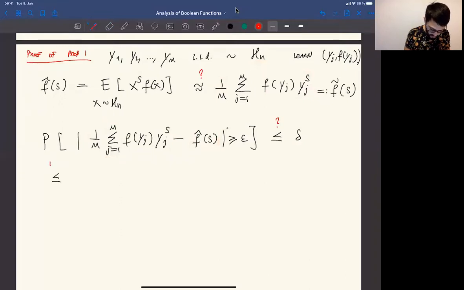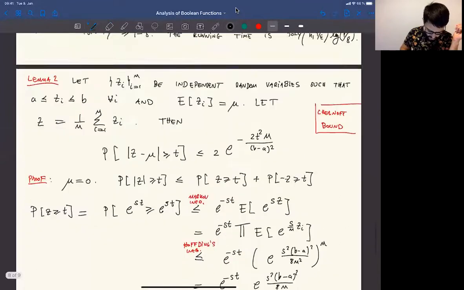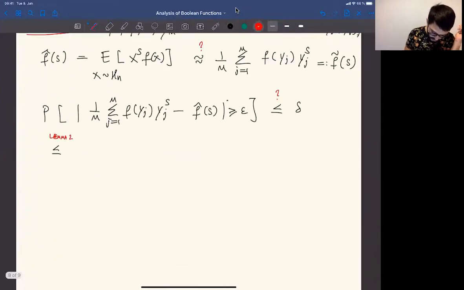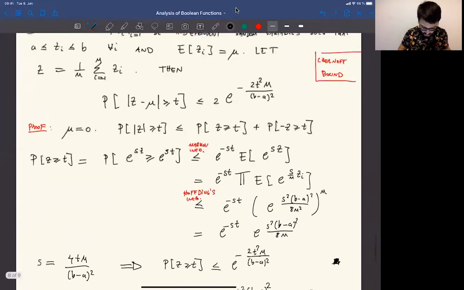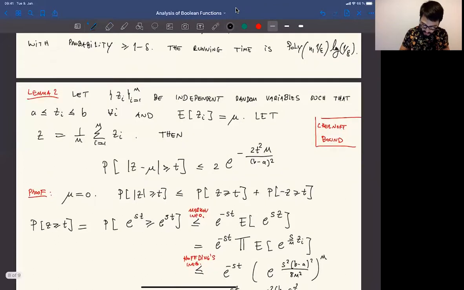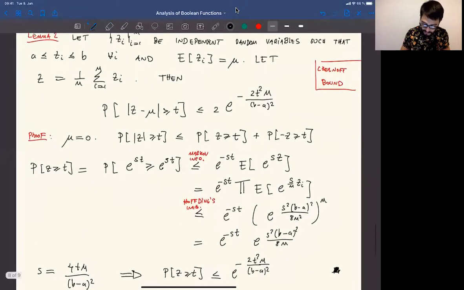I guess it was lemma 2. Was that lemma 2? Yes, lemma 2. So you can apply lemma 2 to this, and this will be less or equal than twice the expectation of minus this supposed to be, so let me look at it, it's supposed to be like 2 epsilon squared, the number of variables I'm using, which is m, dividing by the bounds.